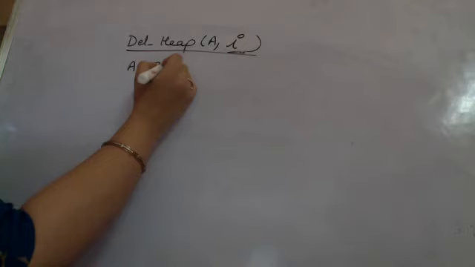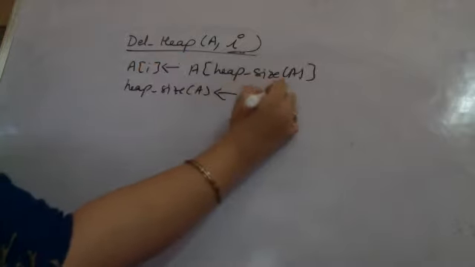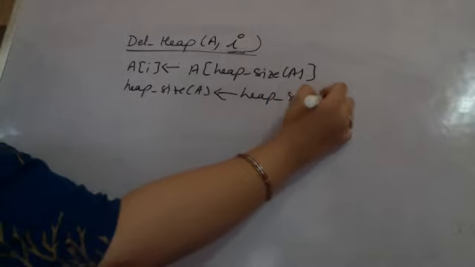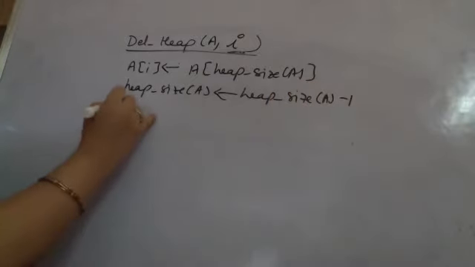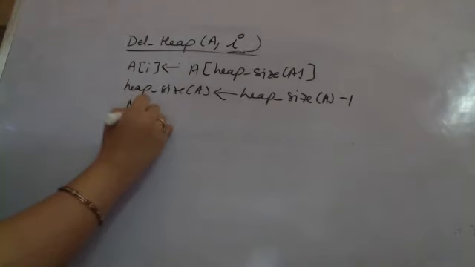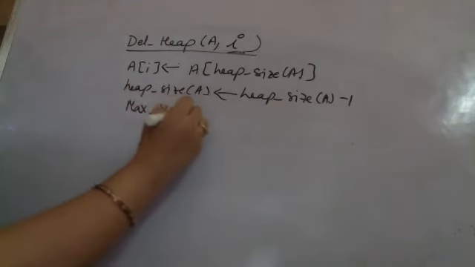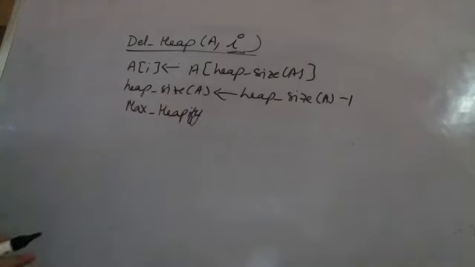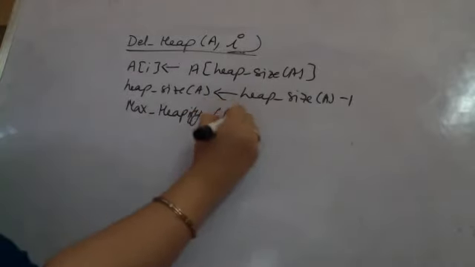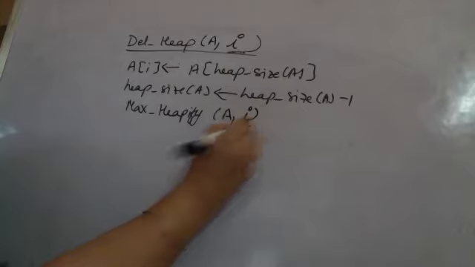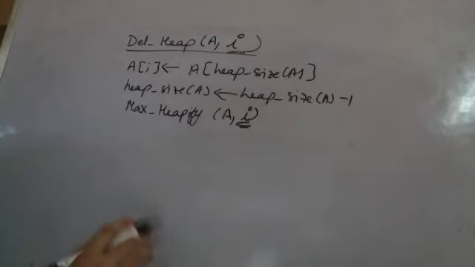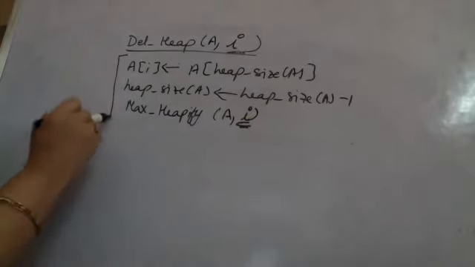I reduce the heap size, and I call the max heapify procedure. You all know the max heapify procedure already. So I am going to call max heapify on A comma I, since I is the position for which I need to check whether the heap condition is holding true or not. That's it I need to do.